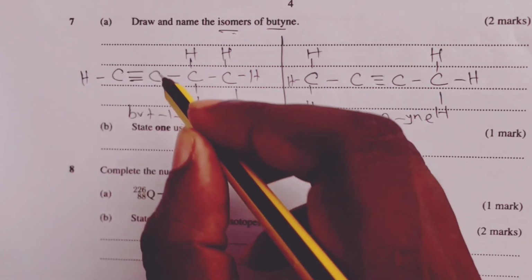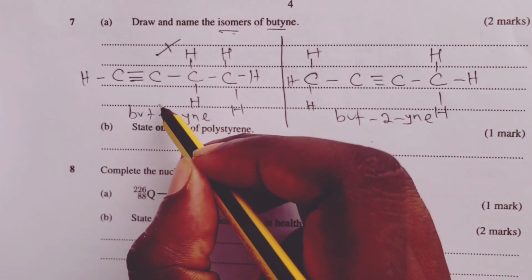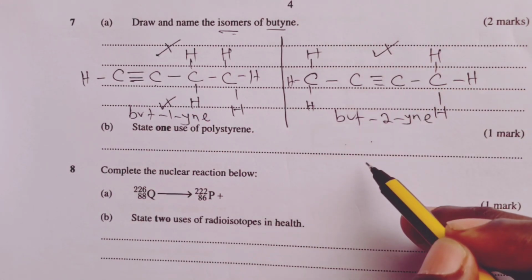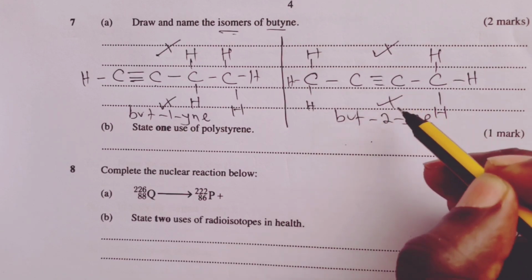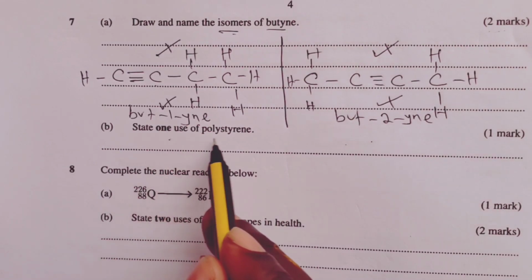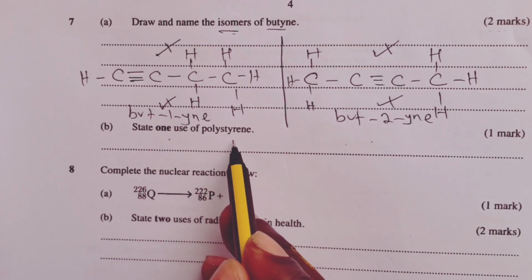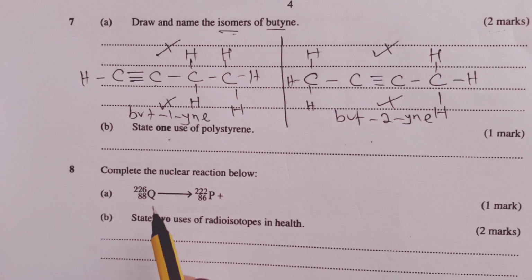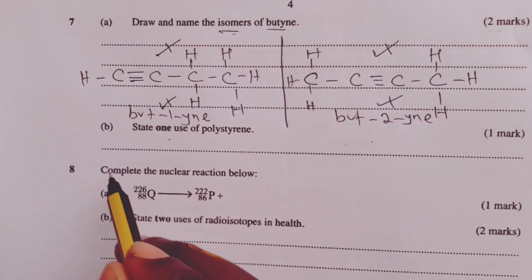The structure, half a mark, correct name half a mark. Second structure, half a mark, second name half a mark, to give a total of 2 marks for that question. Next, we are asked to state one use of polystyrene. Polystyrene is also called polyphenylethene.